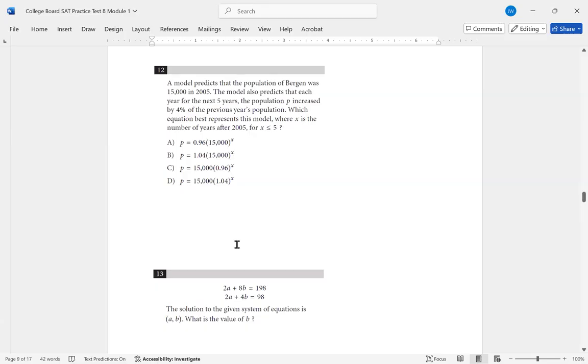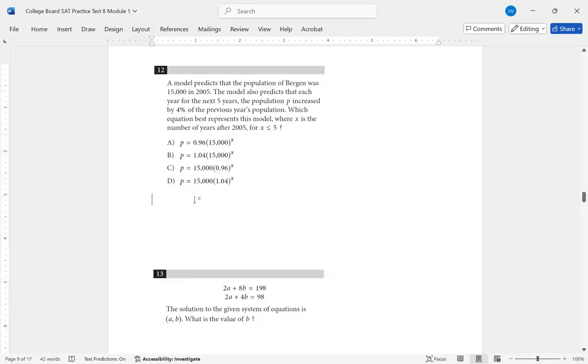Question 12. A model predicts that the population of Bergen was 15,000 in 2005. The model also predicts that each year for the next 5 years, the population P increased by 4% of the previous year's population. Which equation best represents this model where X is the number of years after 2005?